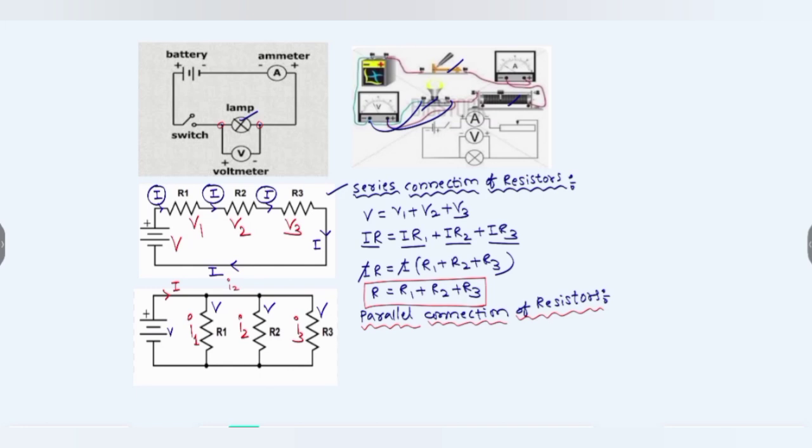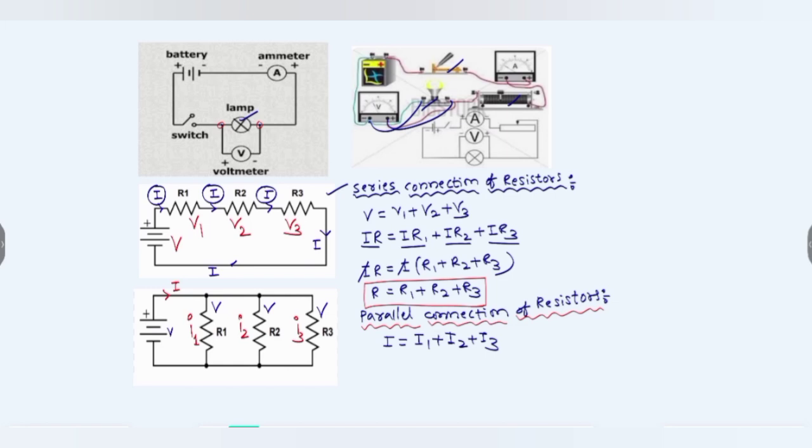Let us take the total current in the circuit is divided as I1, I2, I3. So I is equal to I1 plus I2 plus I3.